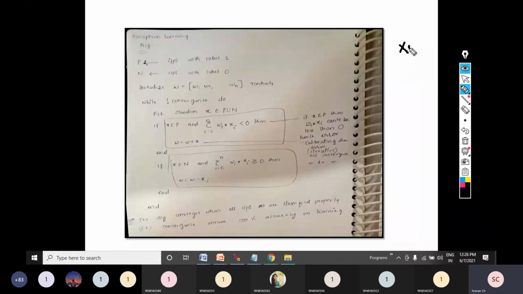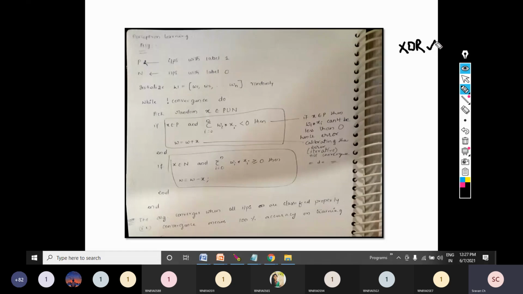So what has been observed is that this perceptron learning algorithm, and the perceptron which we have studied now, will work well on linearly separable problems, and will not work well on problems which are not linearly separable, for example the XOR operation, right?